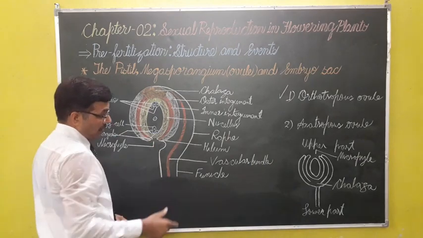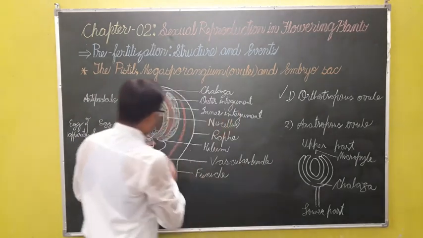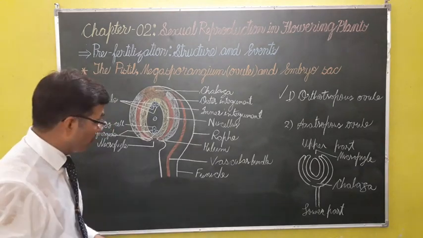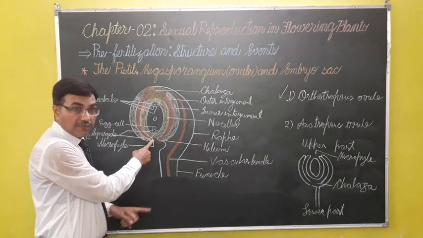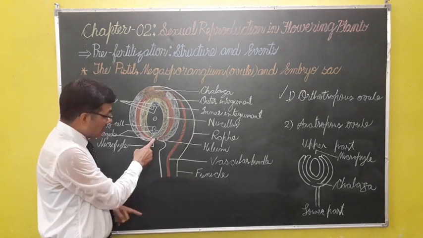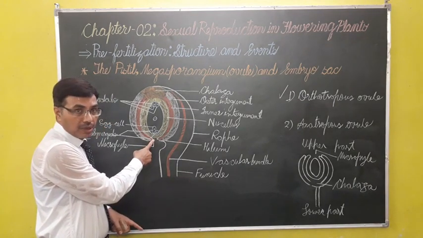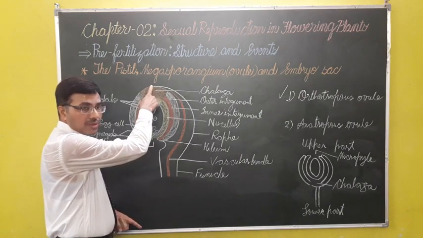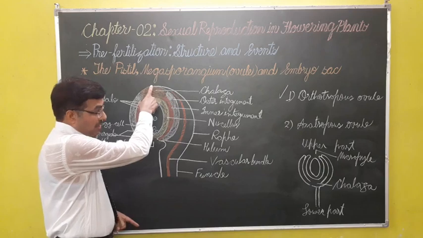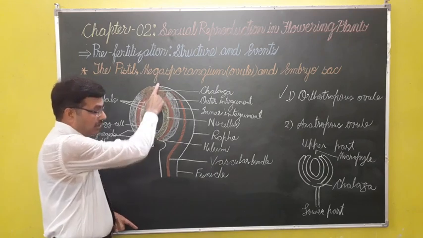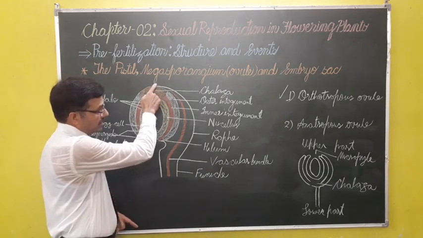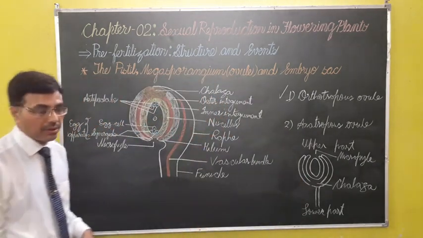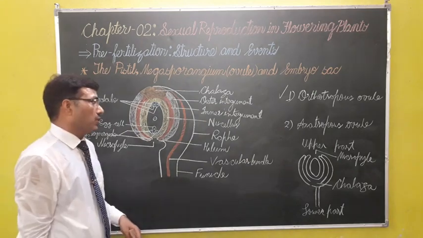And the chalaza is shifted upward. But this is the upper part, it will not change at all. This is the upper part of the ovule which always shows the micropyle, and this is the lower part of the ovule which always shows the chalaza. This concept of the upper part and the lower part is taken from the orthotropous ovule, right?